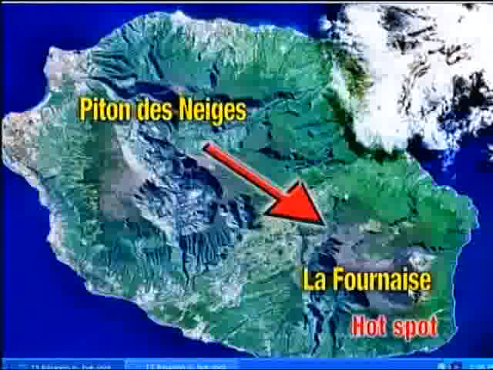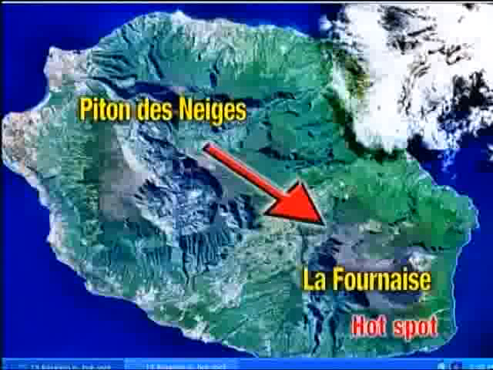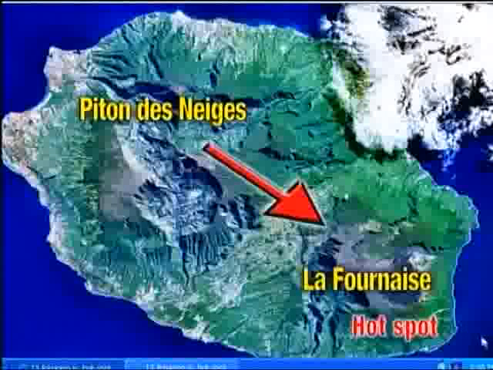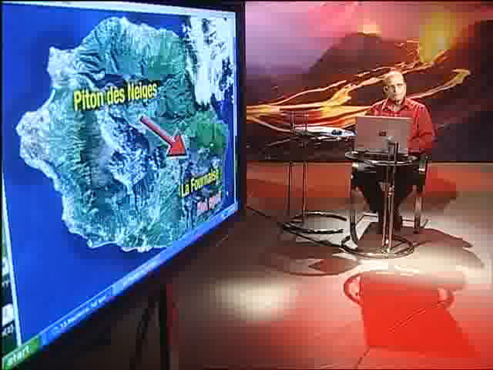Therefore, La Fournaise being active, how long will it be active? It depends on the speed of the displacement of Réunion Island, which is carried by the Somali plate. What I can tell you is that a small island will pop up between Réunion and Mauritius.